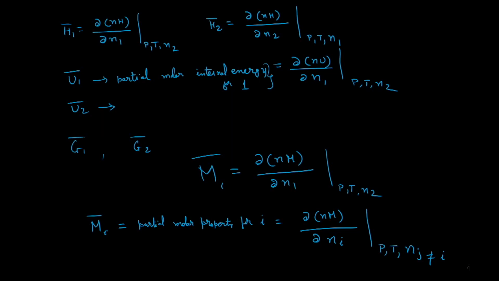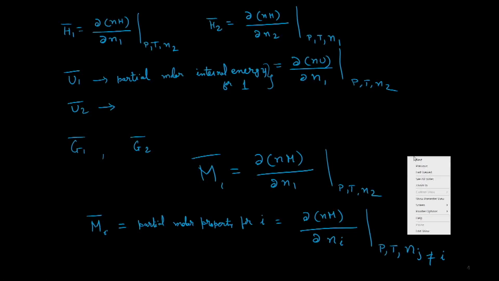So the partial molar volumes, partial molar enthalpies, partial molar Gibbs free energies, etc., can be defined in this way for a multi-component mixture. Now, let's try to write some fundamental property relations for a mixture of chemical species.